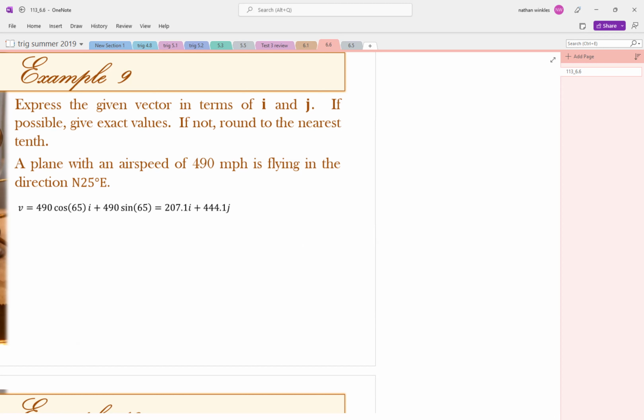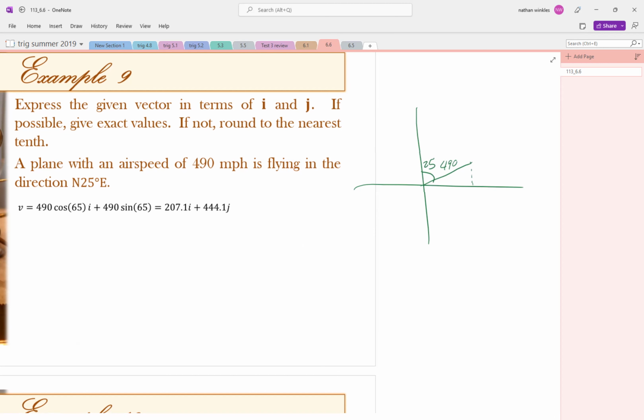First, express the given vector in terms of i and j. If possible, give exact values. If not, round to the nearest tenth. A plane with an airspeed of 490 miles per hour is flying in the direction north 25 degrees east, with a magnitude, so 490 is my magnitude.